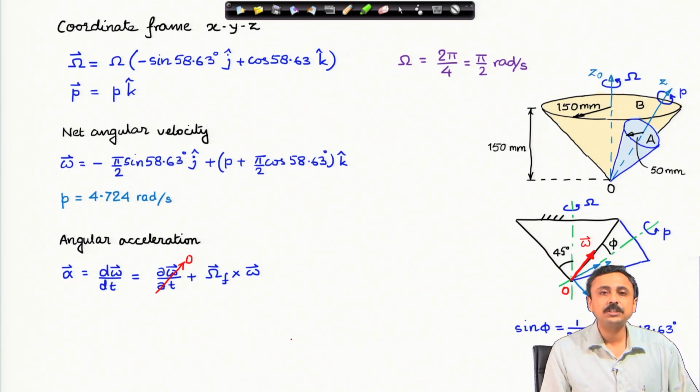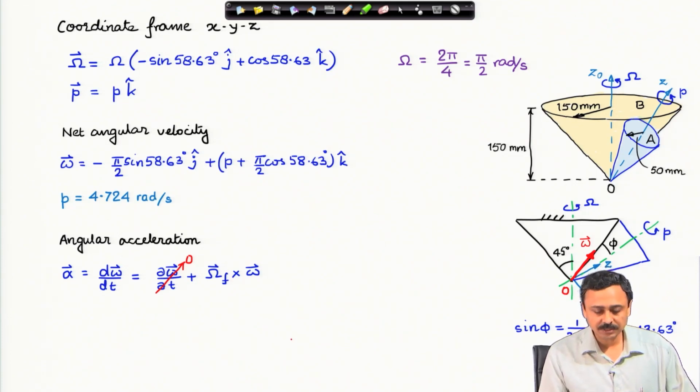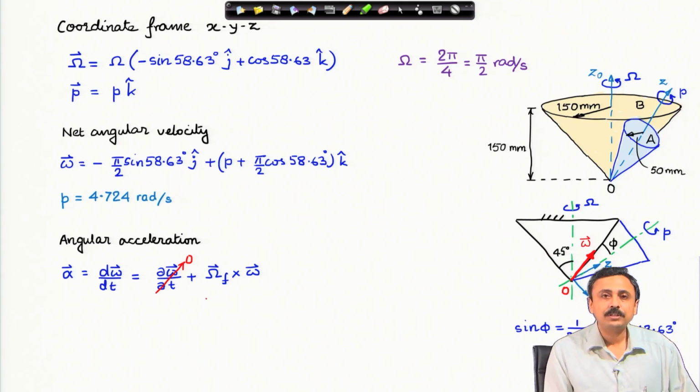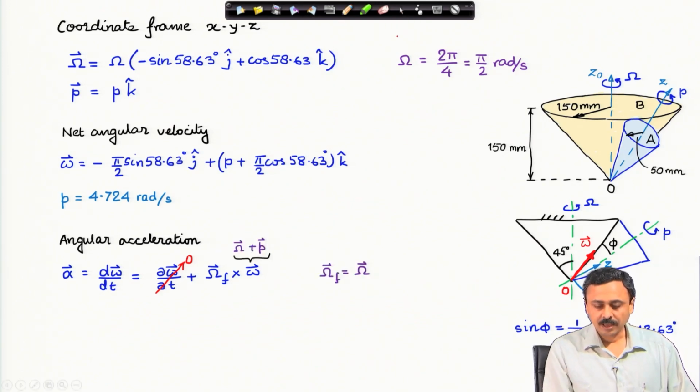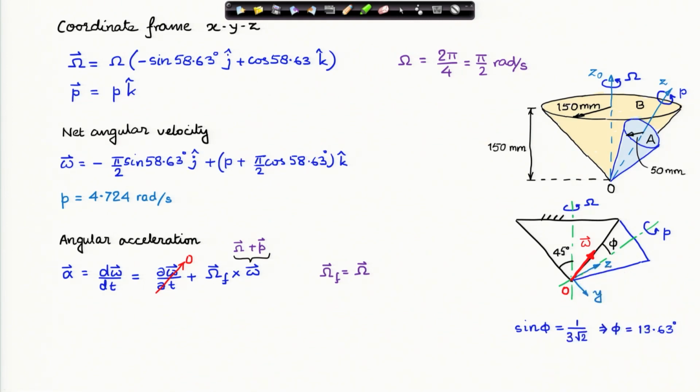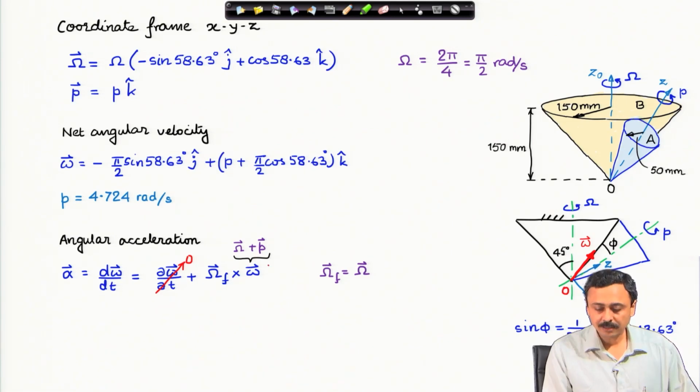All the coefficients of I cap, j cap, k cap are constants, and what remains is omega frame cross omega. Omega frame is nothing but capital omega, I have mentioned this, and the net angular velocity of cone A, the body, is omega plus p.